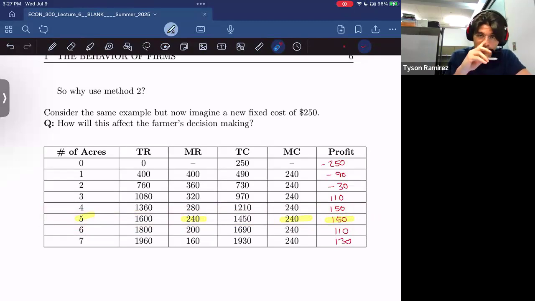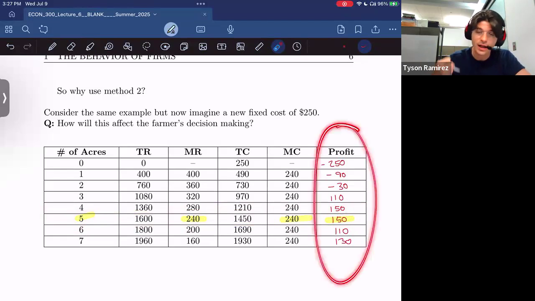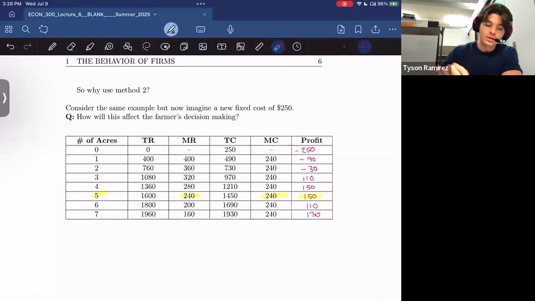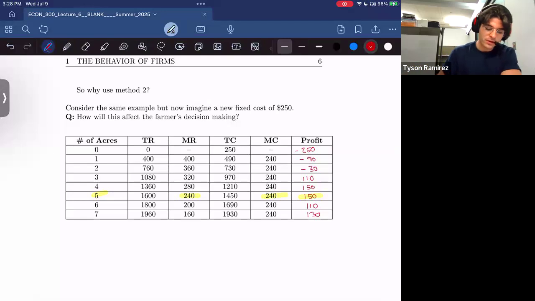Meanwhile, method one, if I'm just calculating total profit, I have to recalculate profit. That'll take more work. And then I will still end up with a tie. And so that is not good. It's just another reason why we prefer method two.